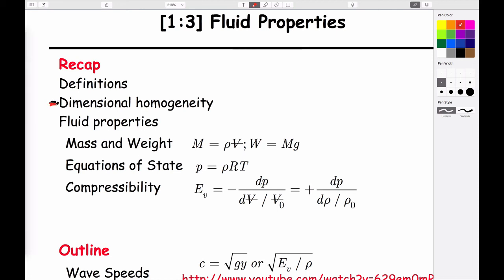So in the Bernoulli equation, all the terms that we looked at happen to be units of length, if you worked out what the units were. And we talked about how you could actually do those calculations from first principles. This equals constant.